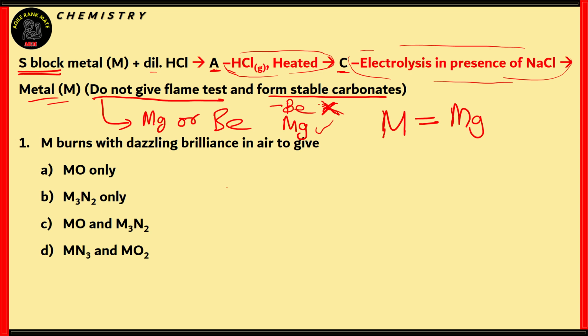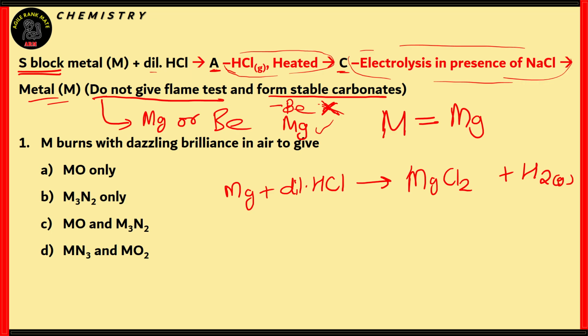So Mg plus dilute HCl gives A. So we know that this would give MgCl2 plus H2 gas. Now since this is dilute, this means this must be an aqueous solution, and therefore there must be some water in this whole system.